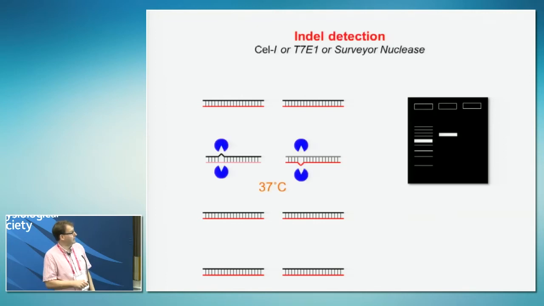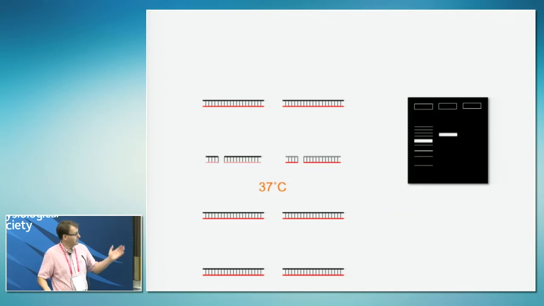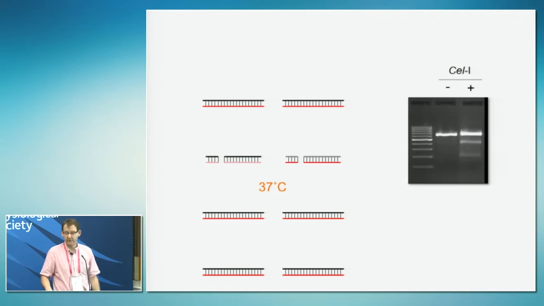And many of you will have heard of either the CEL1 assay or the T7E1 assay or the Surveyor nuclease assay. They all work on the same principle of being able to cut these molecules where you get the bubbles form. You'll get 2 smaller fragments and you run it on a gel and it looks a little bit like this. In reality, it looks like this. And I'd just like to acknowledge Kieran Lee in the room who did this gel several years ago when we were trying to get this assay set up.